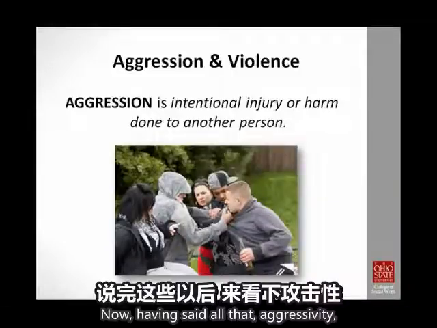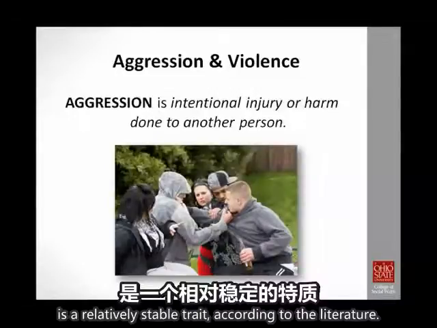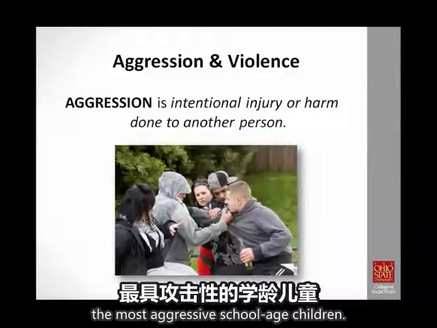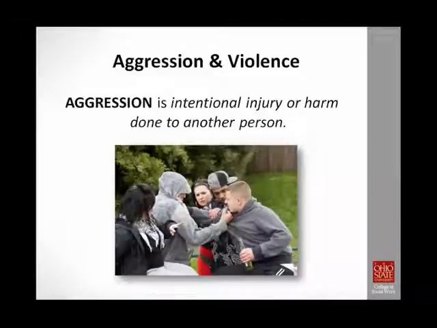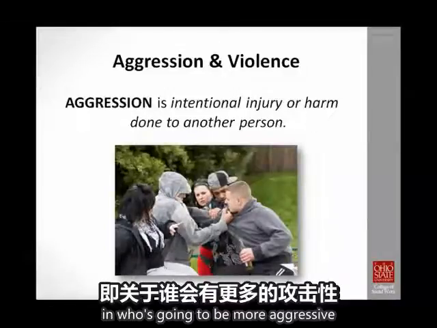Now, having said all that, aggressivity, or the amount of aggression that any one individual persists in, is a relatively stable trait according to the literature. The most aggressive preschoolers tend to be the most aggressive school-aged children. So at least in childhood, we see a relative stability in who's going to be more aggressive and who's going to be less aggressive.